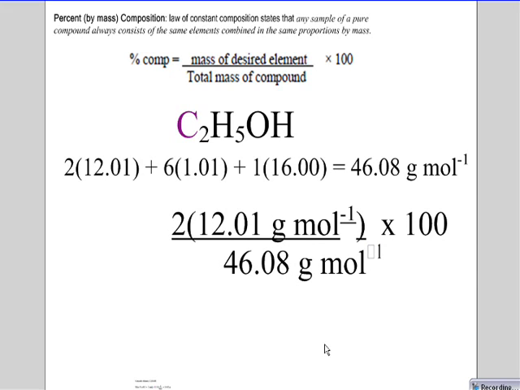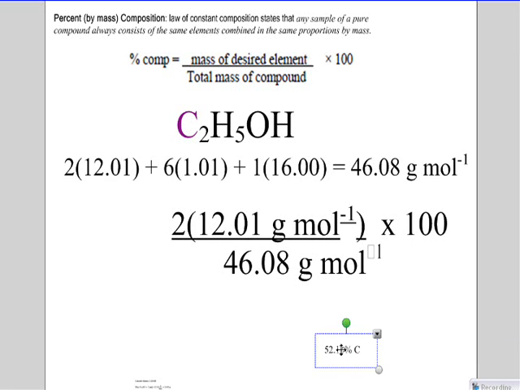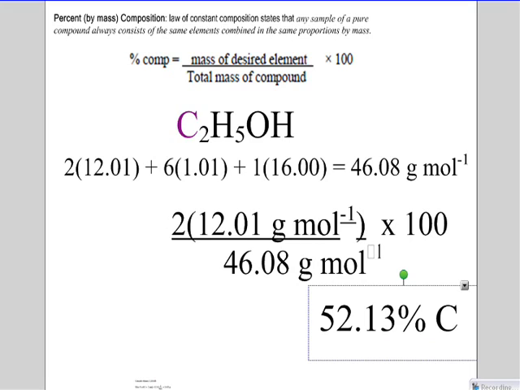You plug that into the calculator, and you end up finding out that carbon contributes 52.13% of the mass of ethanol. Circle it, make it big for your grader, and you're good.